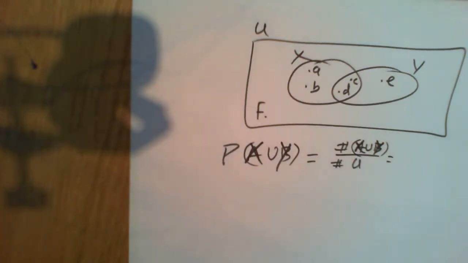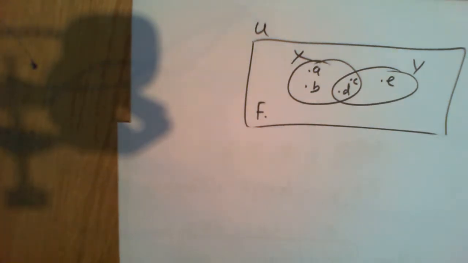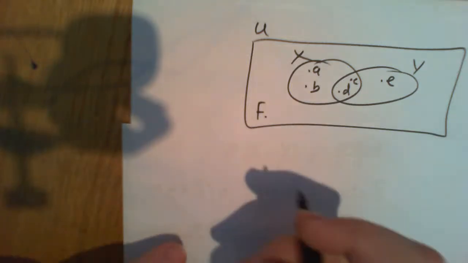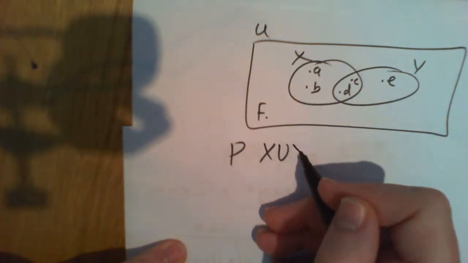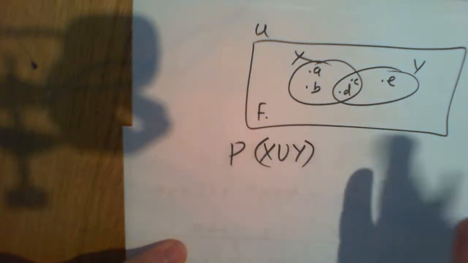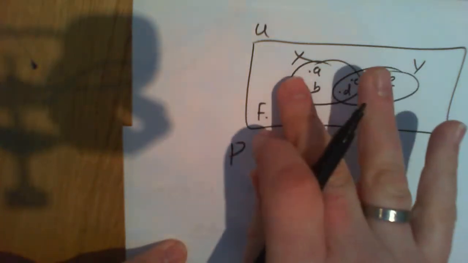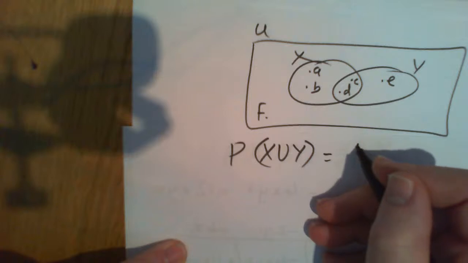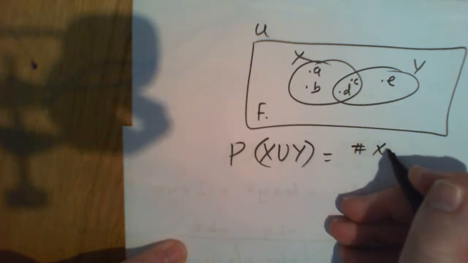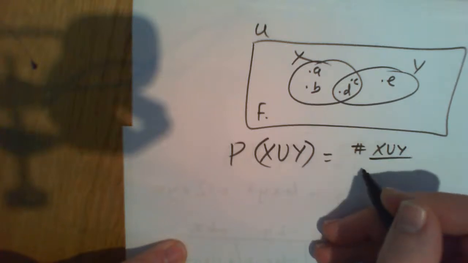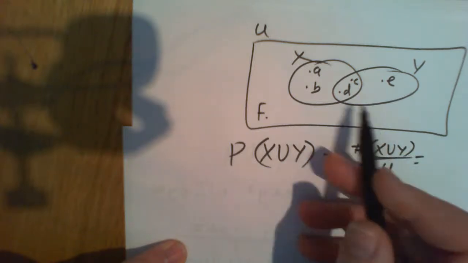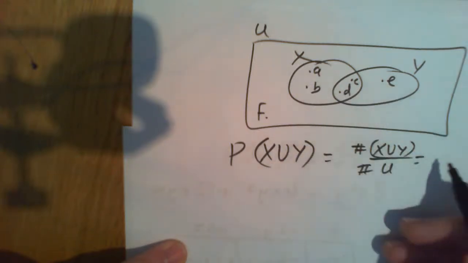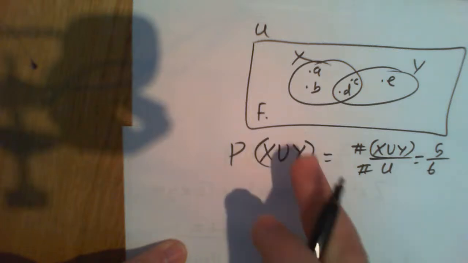I'll redo that so that you're not confused. So the probability of X union Y, the probability of picking something that's in X or in Y, is hashtag X union Y over hashtag universal set. Well, hashtag X union Y is 1, 2, 3, 4, 5 over 6, because there's 6 of them in total.